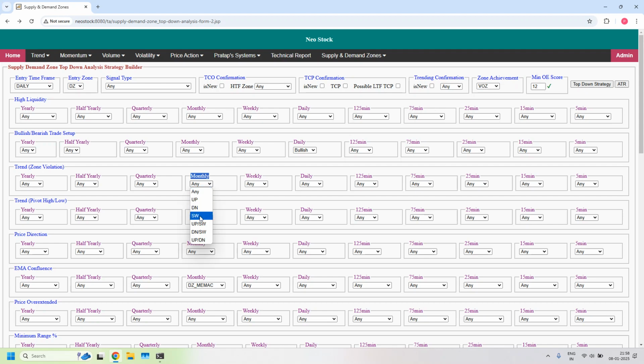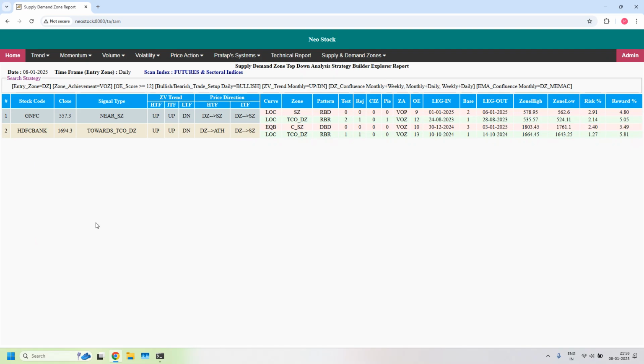It should not be sideways, it can be up or down trend. So you got only 2 stocks, both are uptrend. Because it is a bullish trade setup, these 2 are even more high probability trade setup supported stocks.